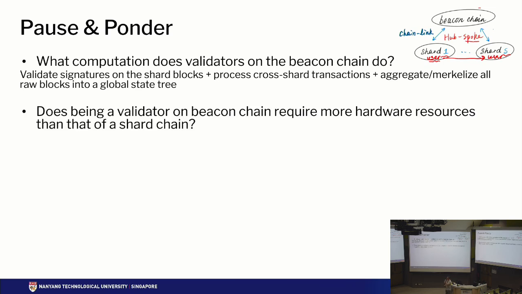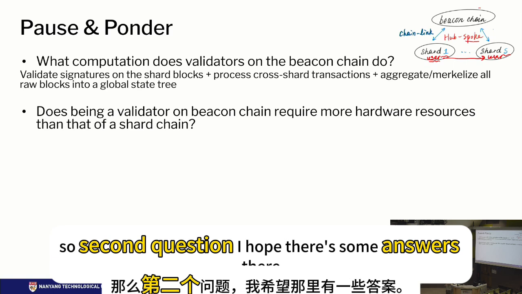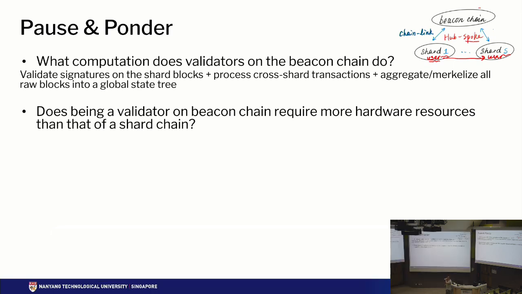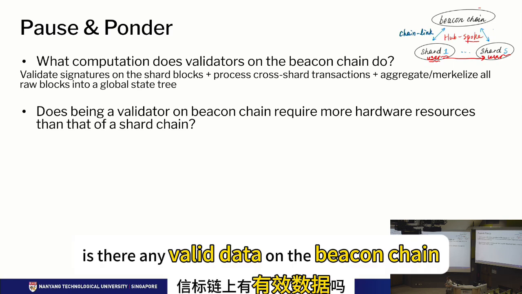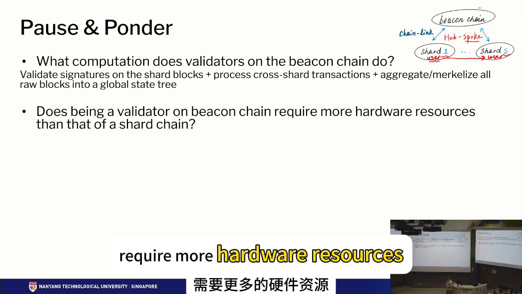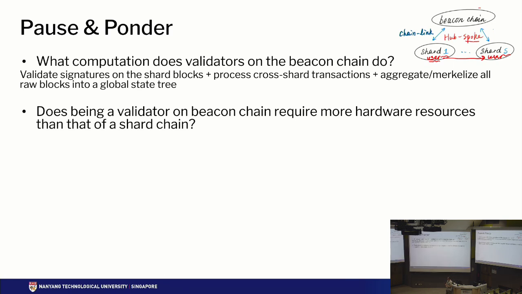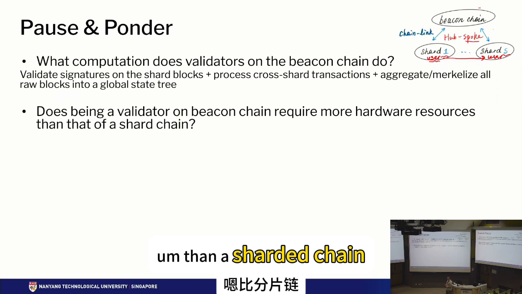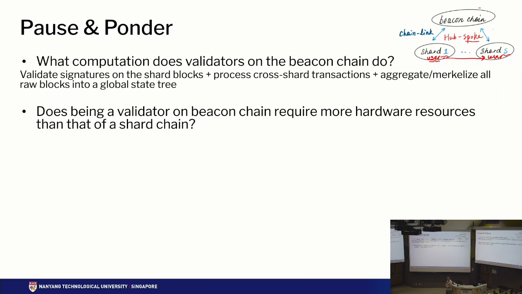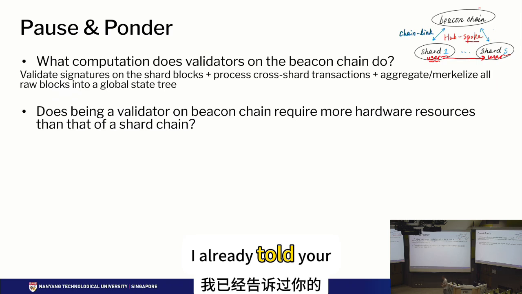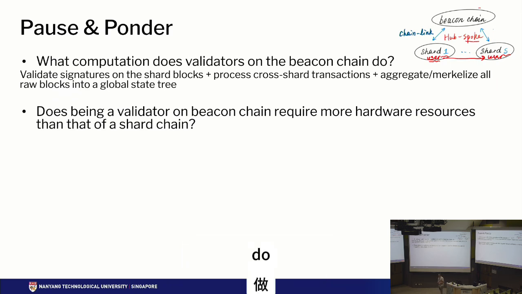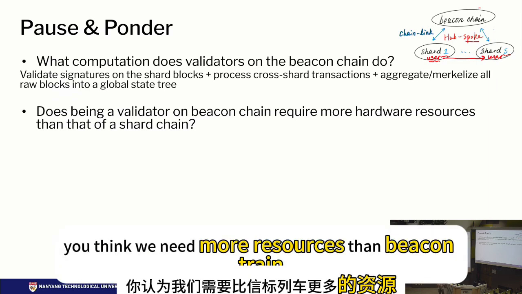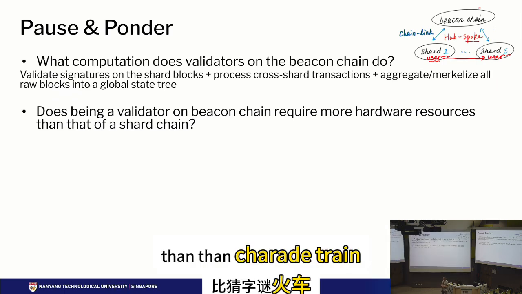Okay. Second question: does a validator on the beacon chain require more hardware resources than a sharded chain? I already told you the answer just now.